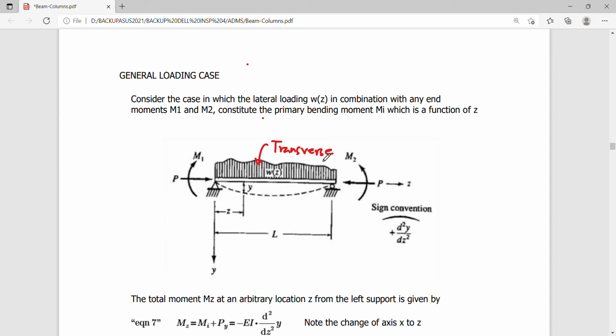There is an end moment, and of course since this is a compression member, there must be an axial load.